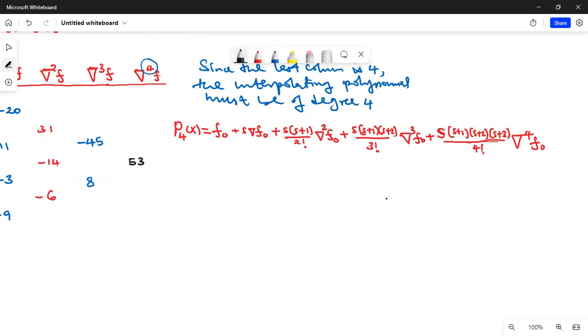So what is s? Look, we need to predict or simply estimate f of 2012. That's the profit when the year is 2012. So this one is our x.